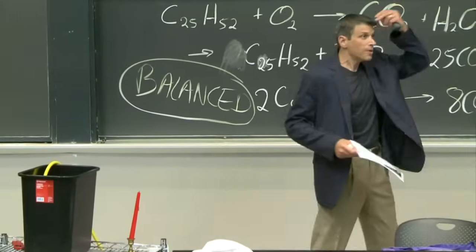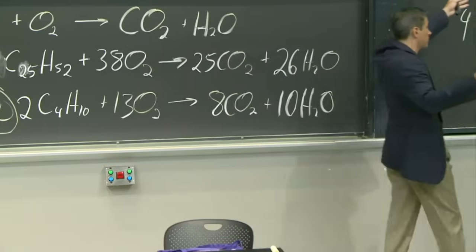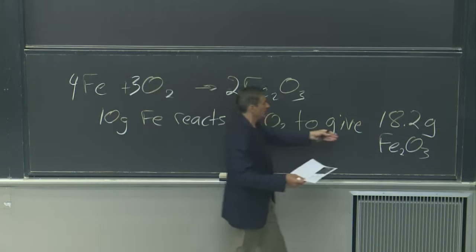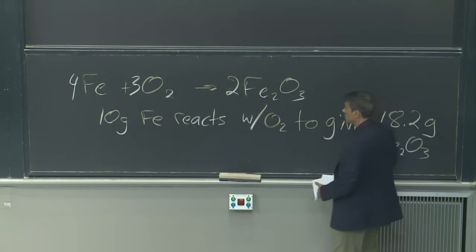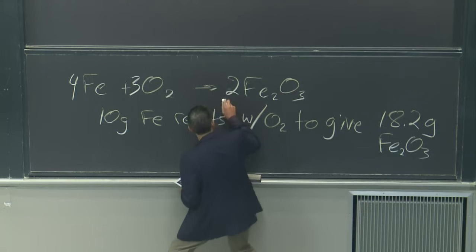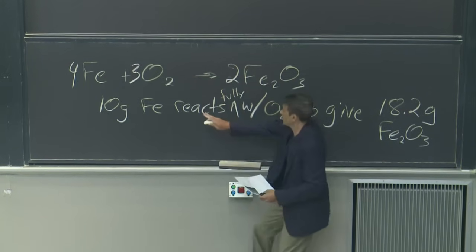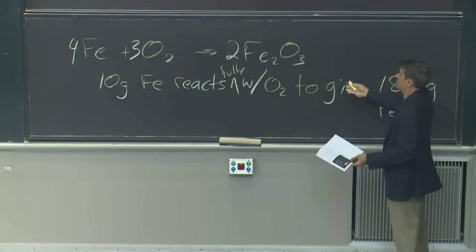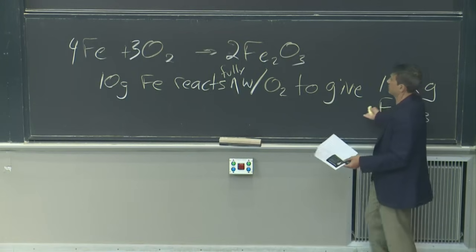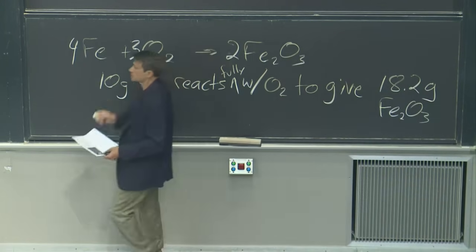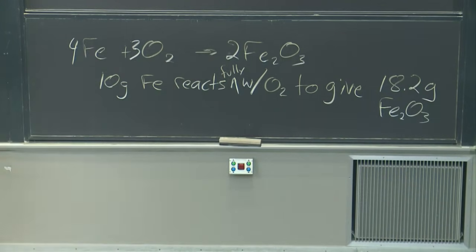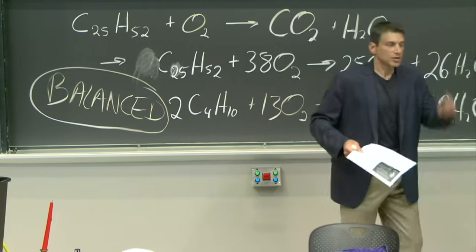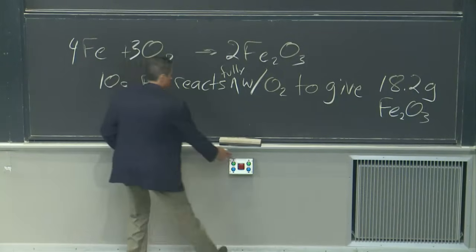Then I know, because of conservation of mass from Lavoisier, that if iron reacts fully, it all goes away, there's none left. Then if I got 18.2 grams of ferric oxide, I must have reacted 8.2 grams of oxygen. That's conservation of mass.